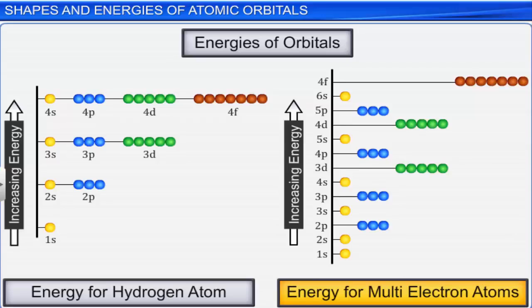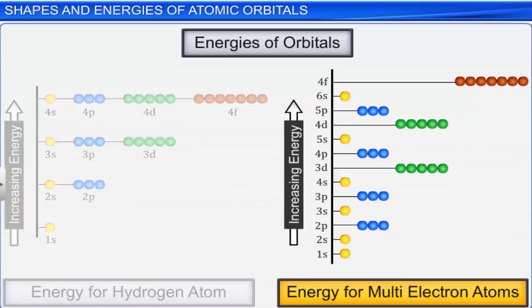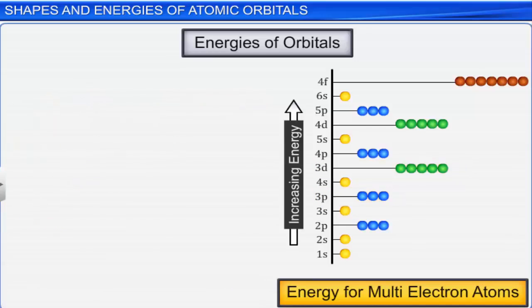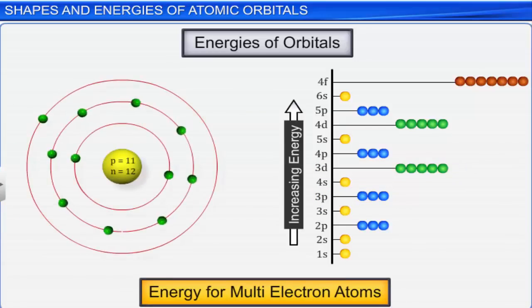Now, let us understand why in case of a multi-electron atom, the different orbitals of a given principal shell possess different energies, in contrast to hydrogen atom. In a multi-electron atom, the different energies of different orbitals of a given principal shell is attributed to the inter-electronic repulsions among the electrons present.